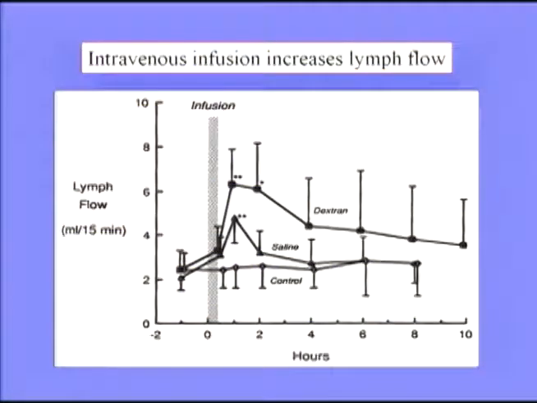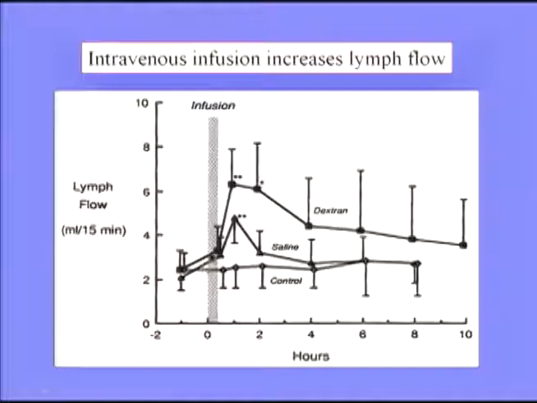And that's nicely shown by an experiment that was done a few years ago, where the lymph flow from the lung was measured in an animal preparation, and this is lymph flow here, in mils per unit time, and here's hours along this axis. At this point, these are the control measurements, and at this point there was an infusion made of either saline or dextran.